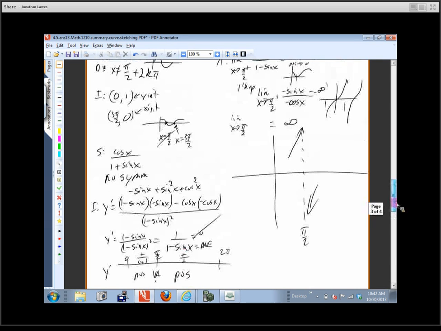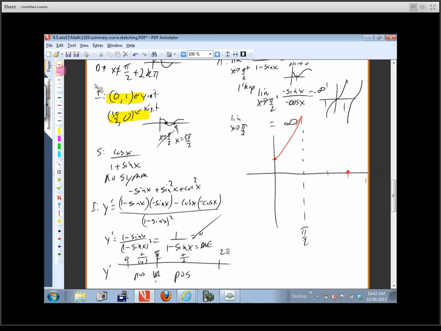Let me come back here and let's talk about what we've got. I've got a couple of points that we want to put on here, those two, and we've got the vertical asymptote. So from this point right here, 0, 1, it always increases, right? It goes like that. Let's say that's pi, and that's 3 pi halves.